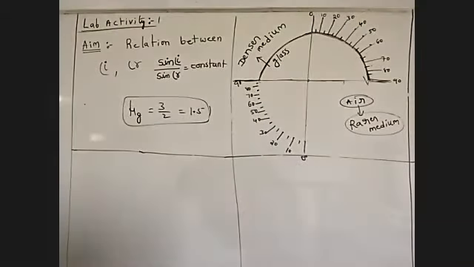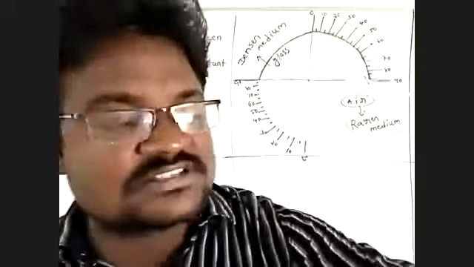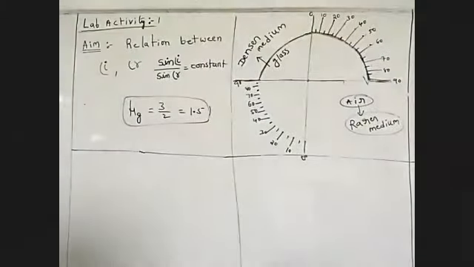Now light travels from rarer medium to denser medium. Generally, in the theoretical explanation, light travels from rarer medium to denser medium.